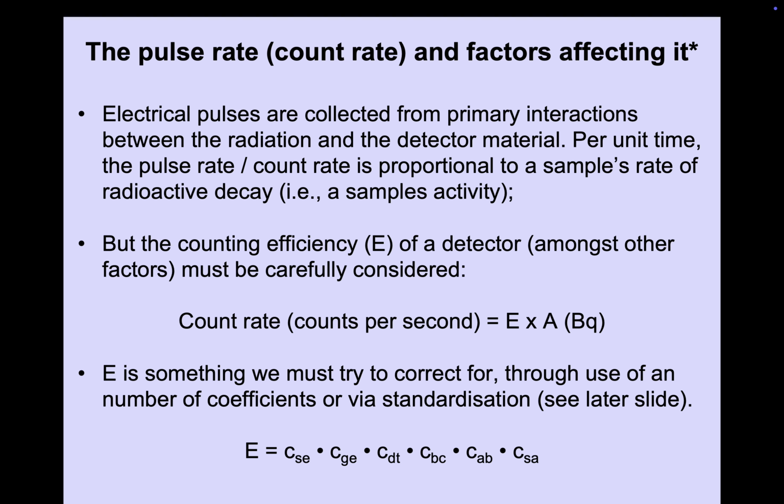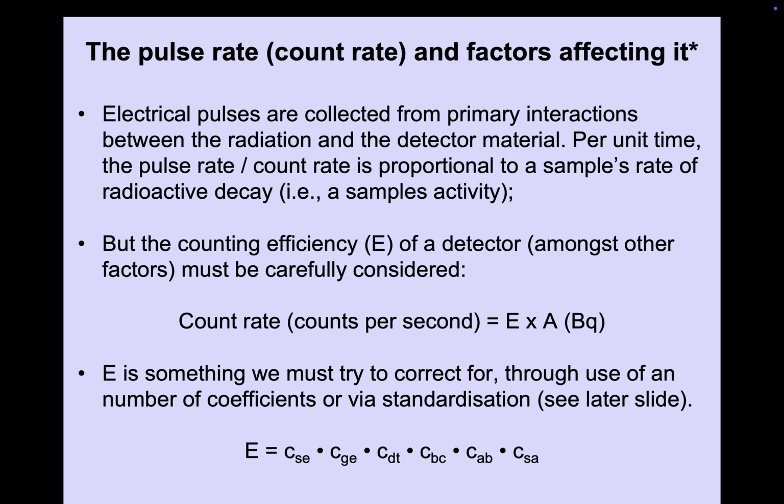So when we're doing pulse rate counting, we're essentially taking electrical pulses from the primary interactions between the radiation and the detector material. And that could be electrons that we're basically trying to collect an electronic signal from, or it could be photons that we then convert into an electronic signal.